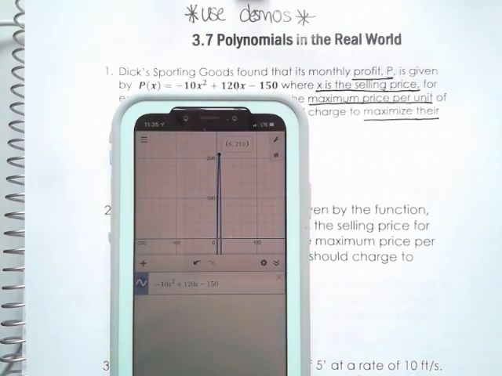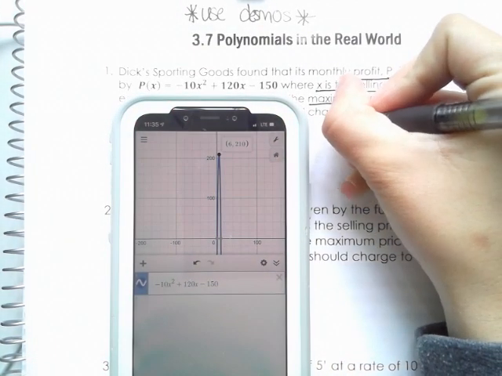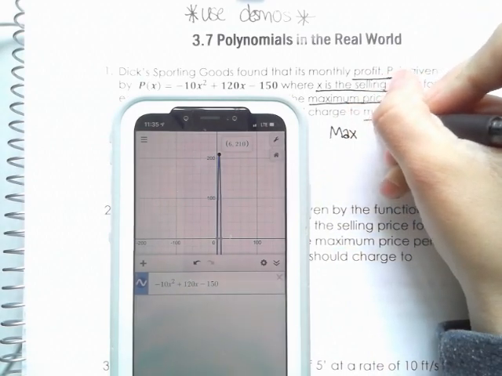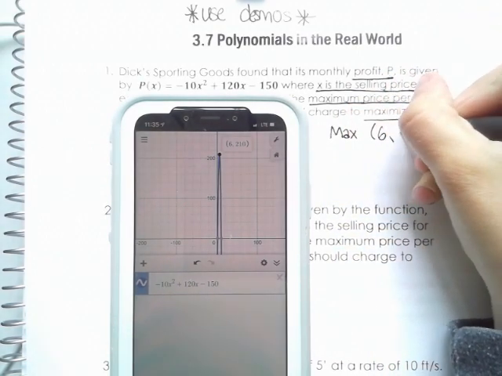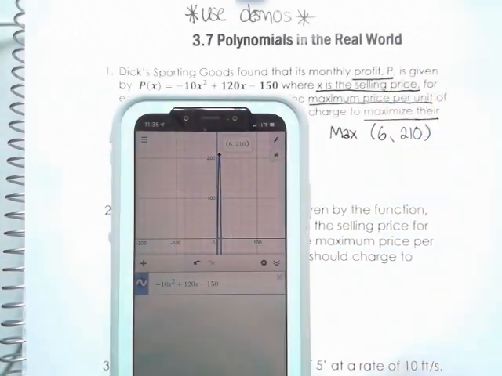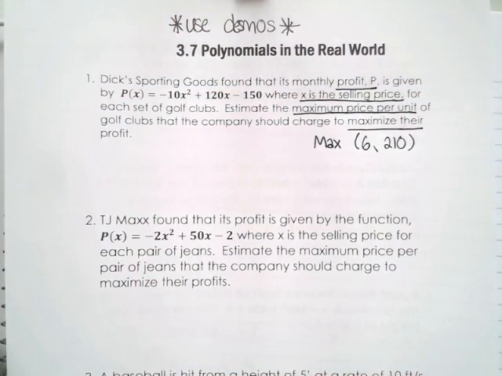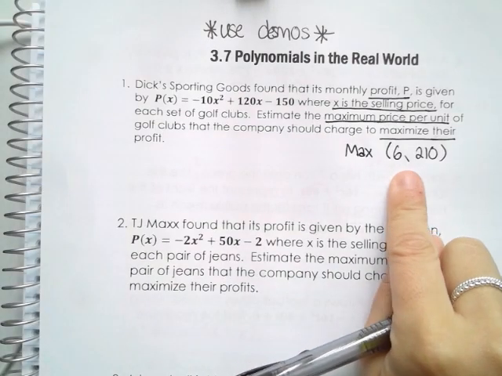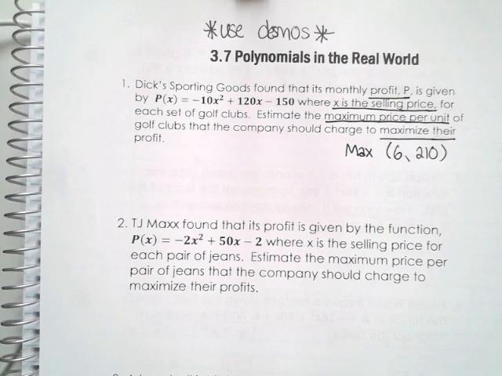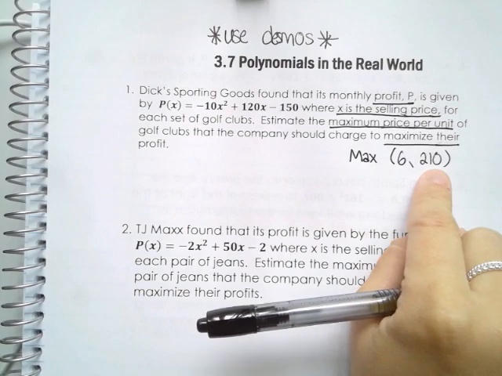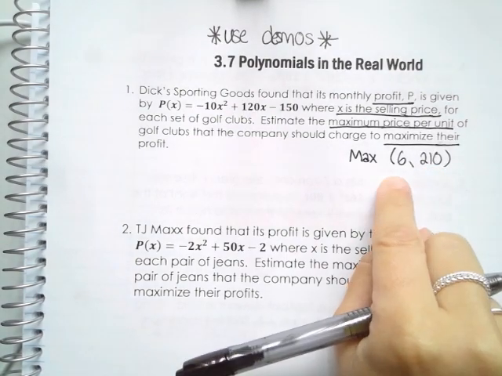So we've been told here that the max, the point there, is 6, 210. Now, this is the coordinate point. We want to put this into context though. So it asks you to estimate the maximum price per unit of golf clubs that the company should charge to maximize their profit. So it doesn't want to know what the maximum profit is, but it's asking about the price per unit.